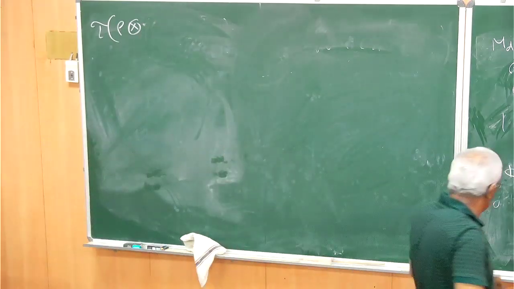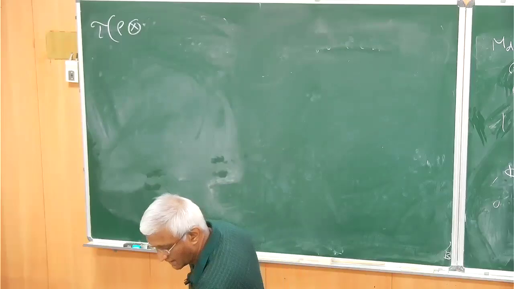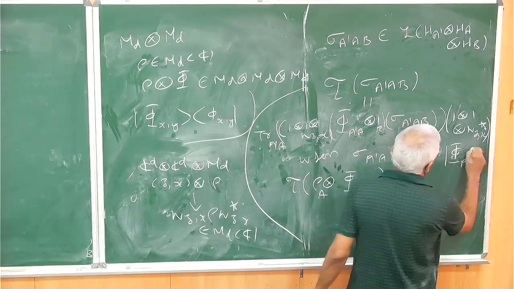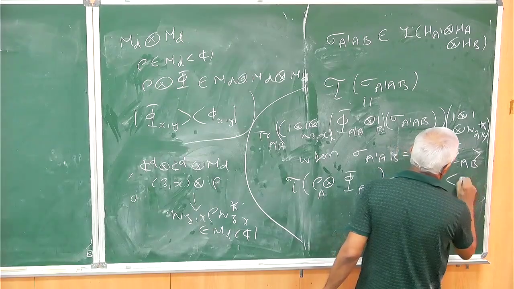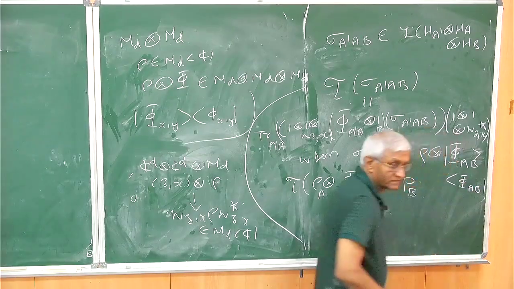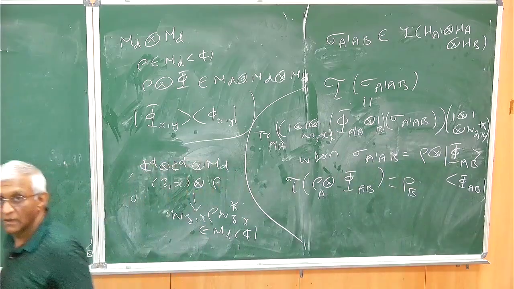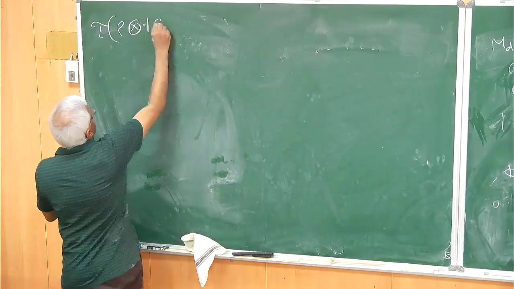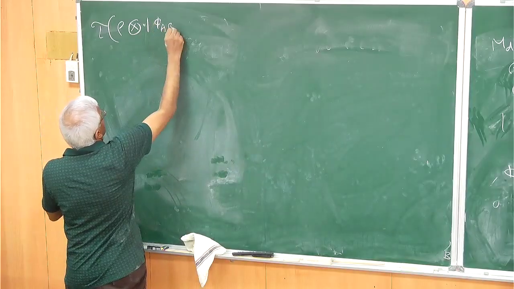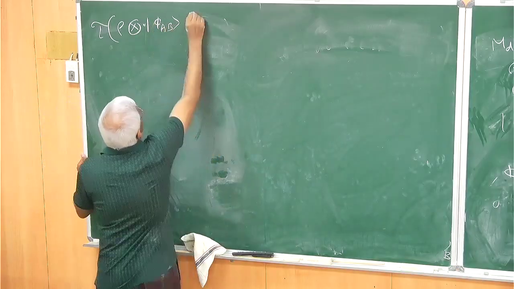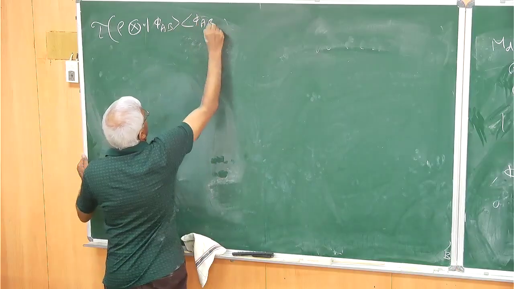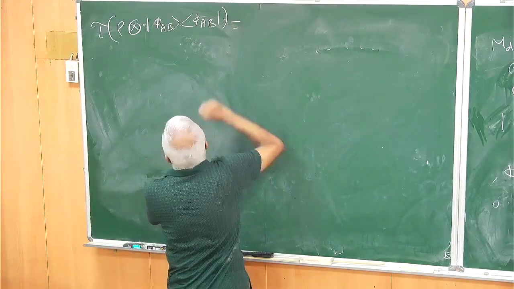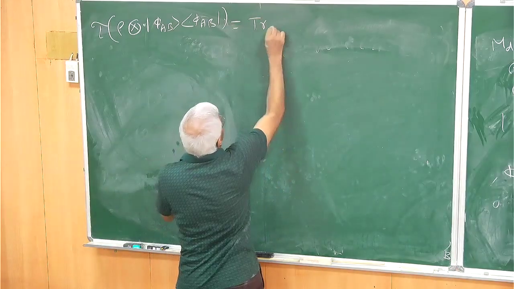What I have written is a vector, but it should be a state. It should be rho tensor phi AB. I want to show that it is actually equal to rho, which is rho A prime A.